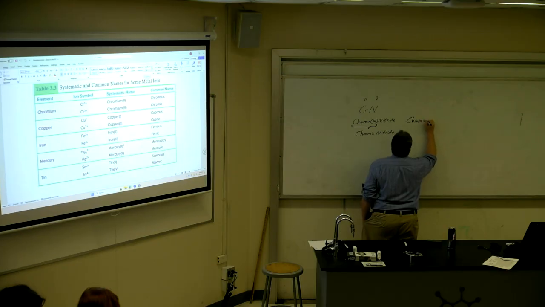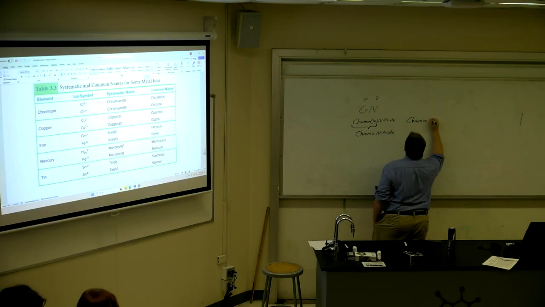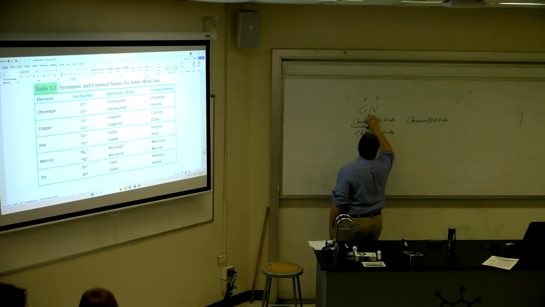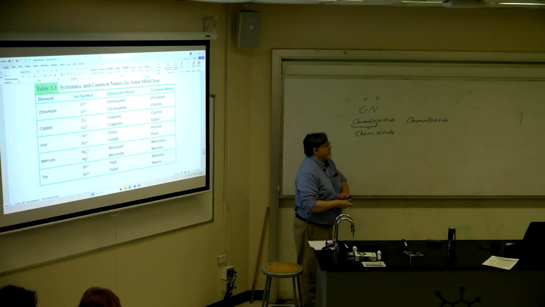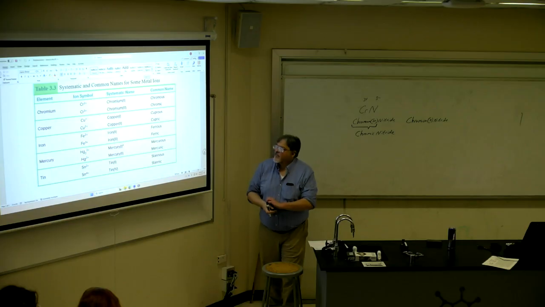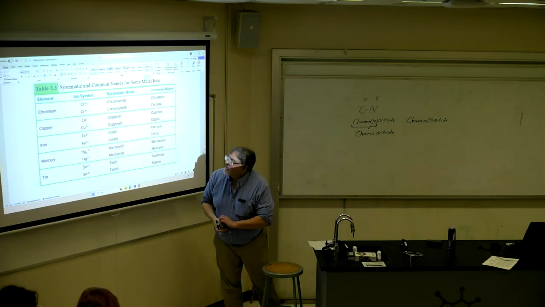What's the formula for using this naming system? Chromium-2. What's the formula for that? Chromium-2 nitride.